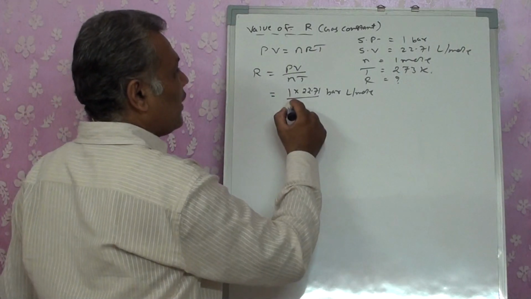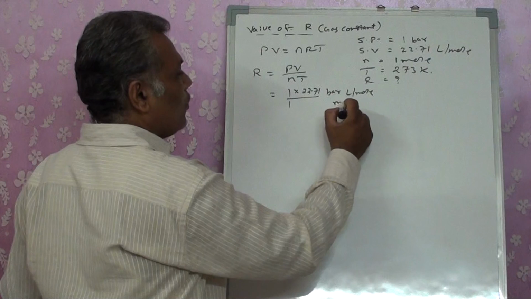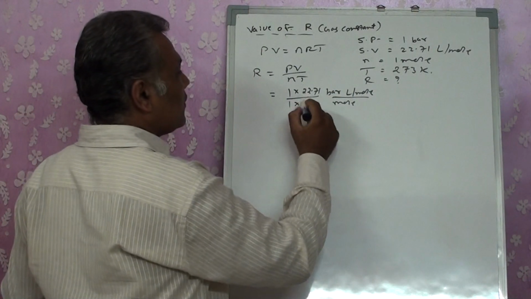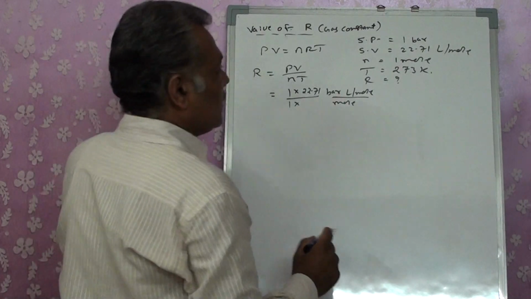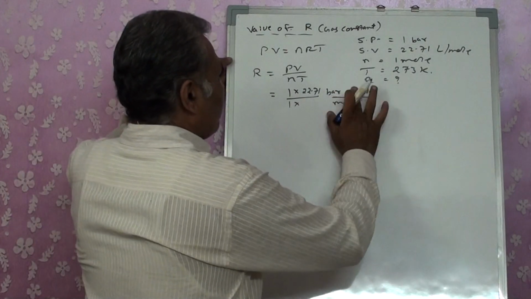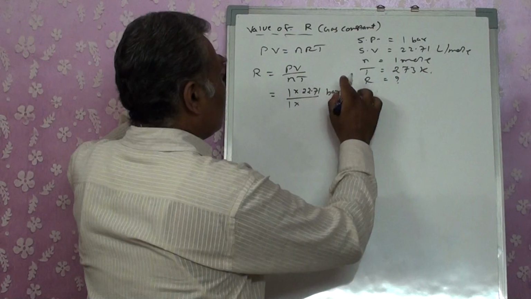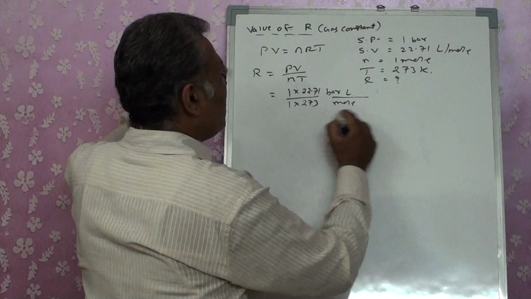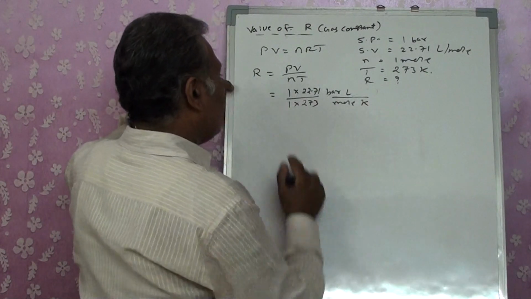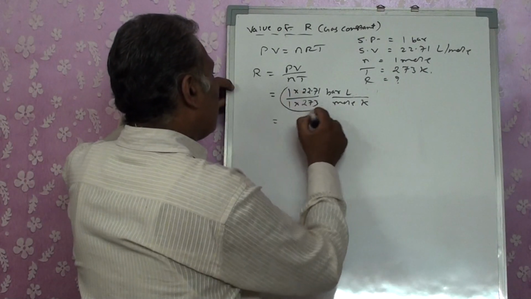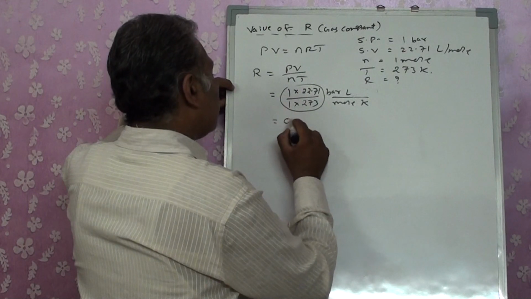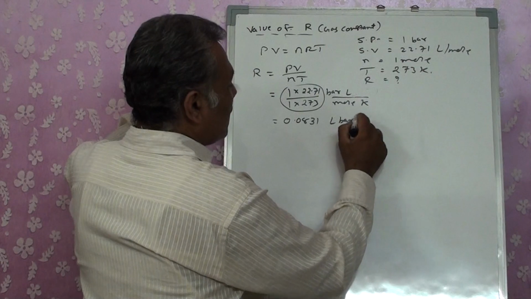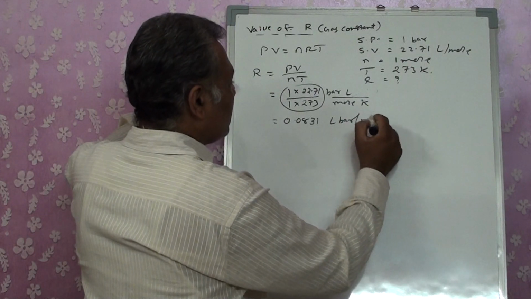For n, we get 1 mole, right? And T is 273, that is in terms of Kelvin. So if I take this calculation, I am going to get 0.0831 liter bar per mole Kelvin.